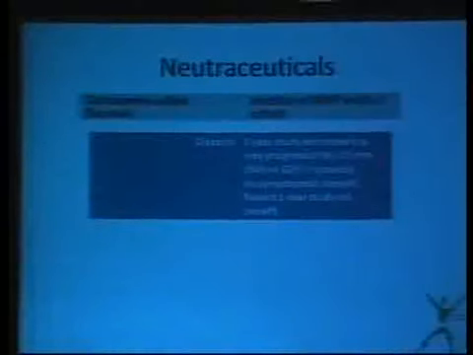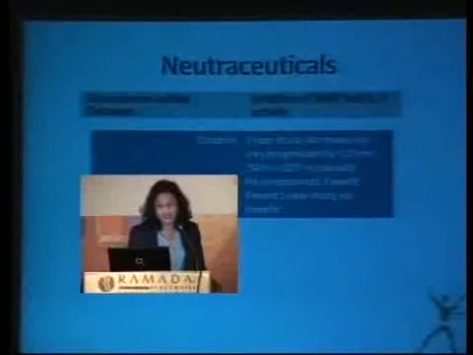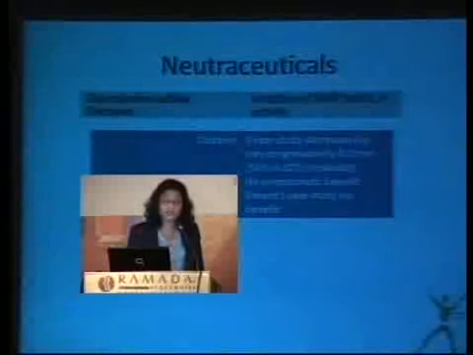The most common thing, diacerein and glucosamine, which are classified as nutraceuticals rather than pharmaceuticals. They don't require FDA approval for use in the United States, and they're commonly used. Almost all of our patients are taking them. They're apparently thought to work through inhibition of the matrix metalloproteinases and interleukin-1.